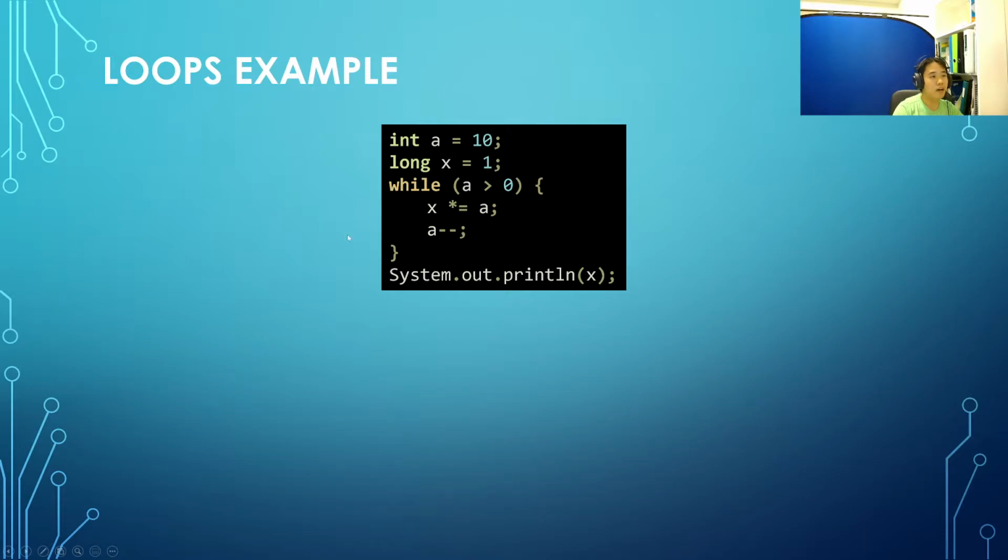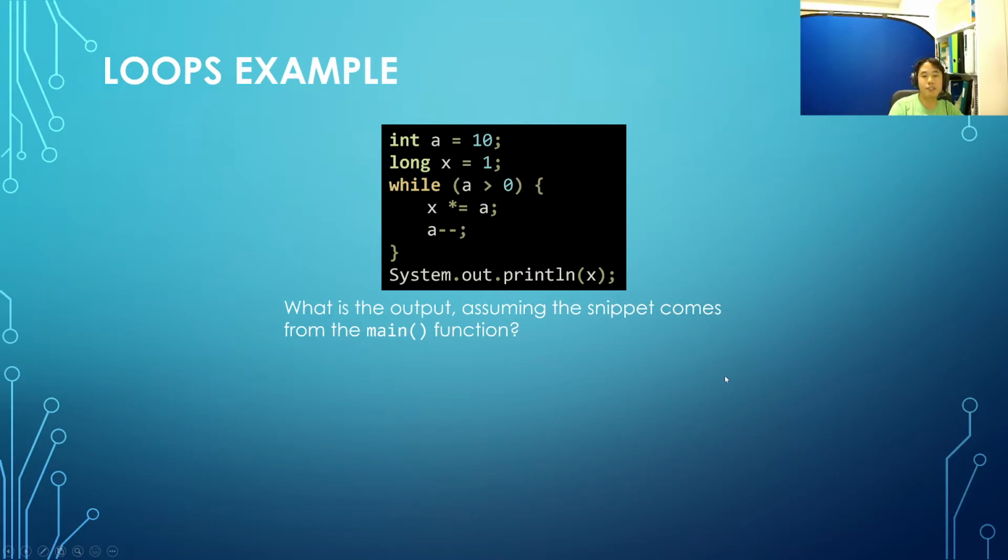So here's a while loop example. What would be the output if this comes from a main function? I'll let you all take your time for this one. Oh, and yes, if you want to use a calculator, go ahead.